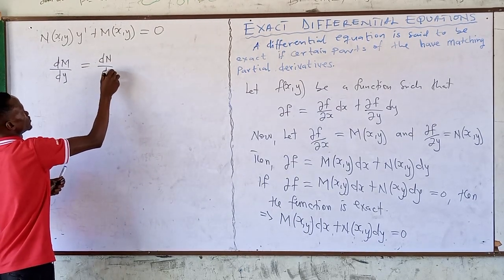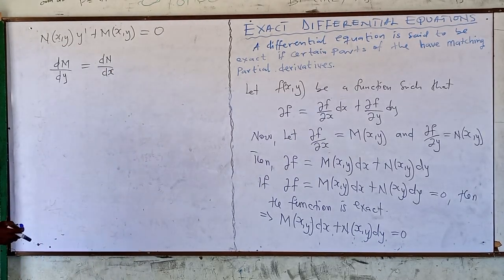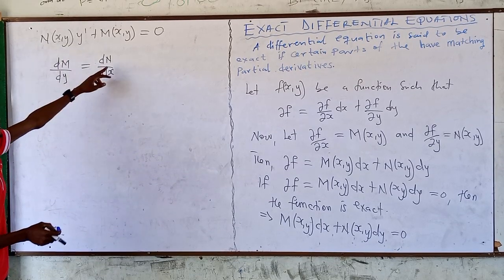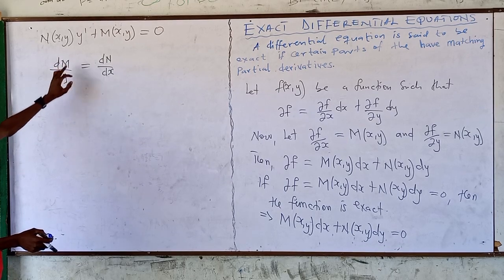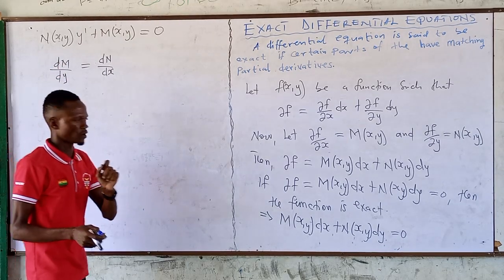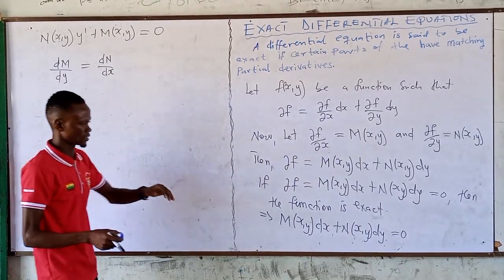with respect to x. So if the N function is differentiated partially with respect to x, and the M function is differentiated partially with respect to y, and the two are equal, then we say that the particular equation is exact.